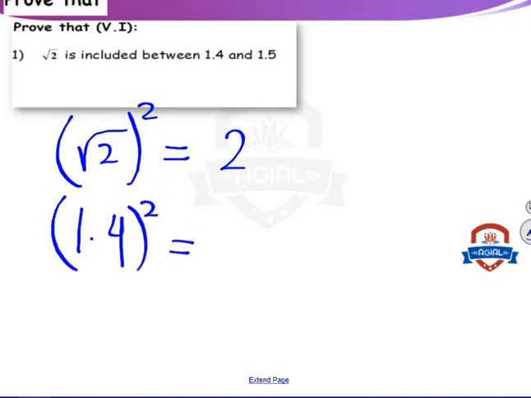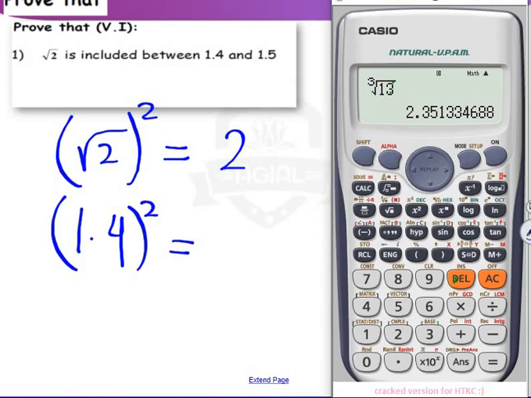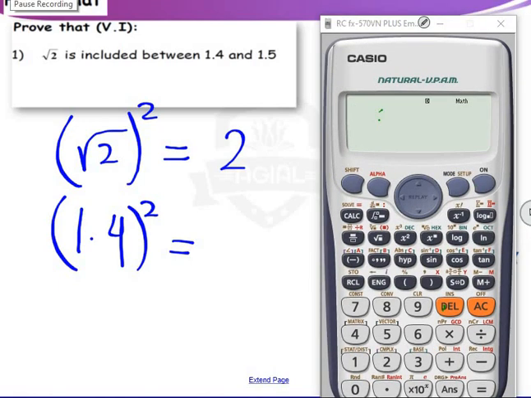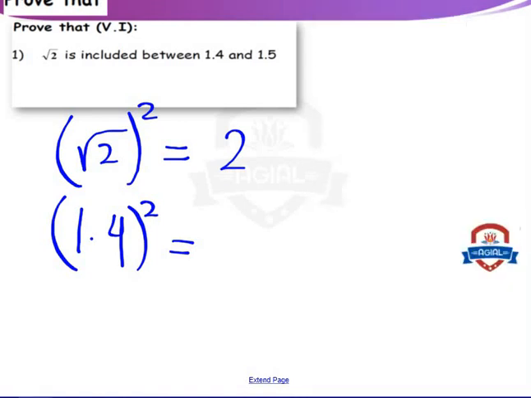We will use the calculator. We will open the bracket here, write 1.4, close the bracket, to the power of 2, it will be SD, 1.96.